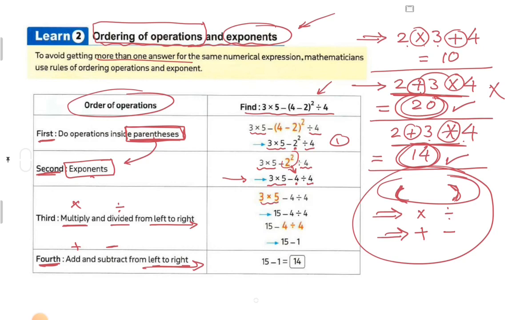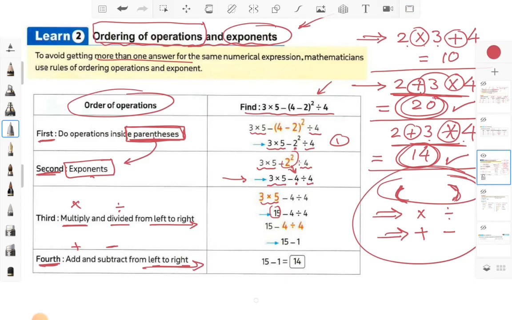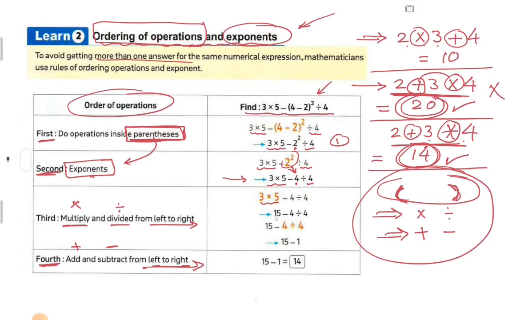Multiply 3 by 5 equals 15, and this part does not change.